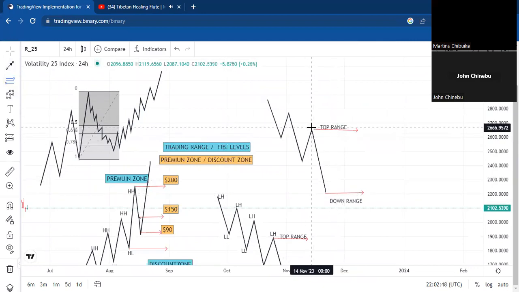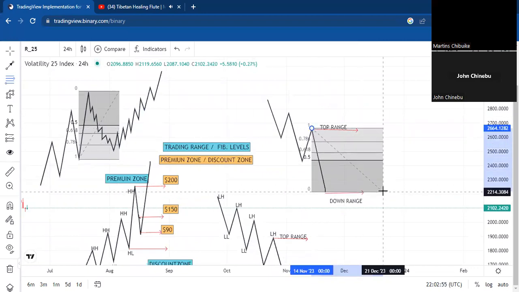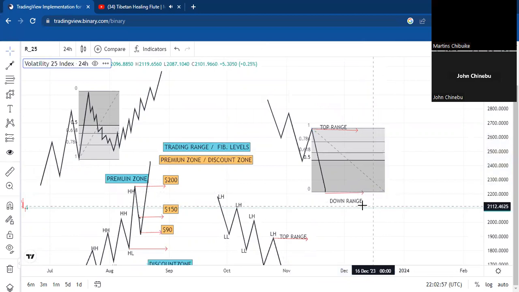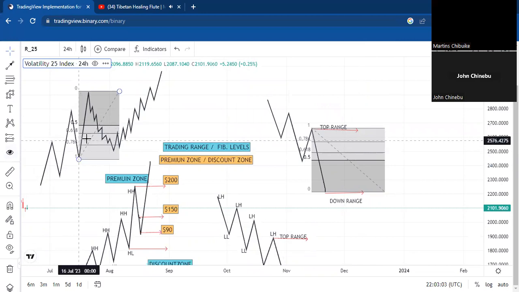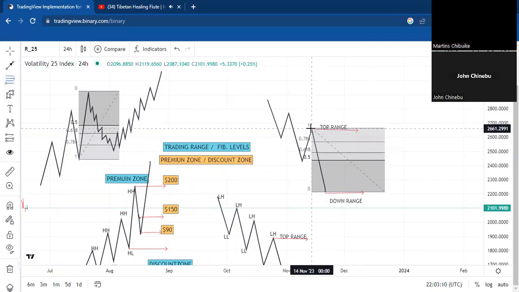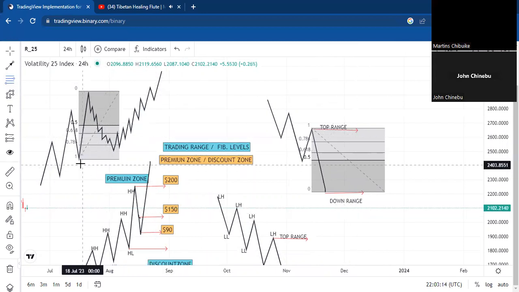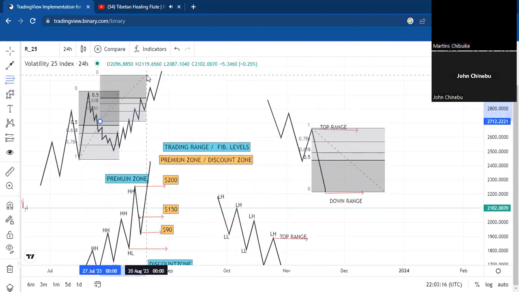For bearish, you draw it from top range down to the down range. But for bullish, you draw it from your structural down range to top range. That's how to draw it. For bearish, you draw from top range to down range. For bullish, you draw from down range to top range.